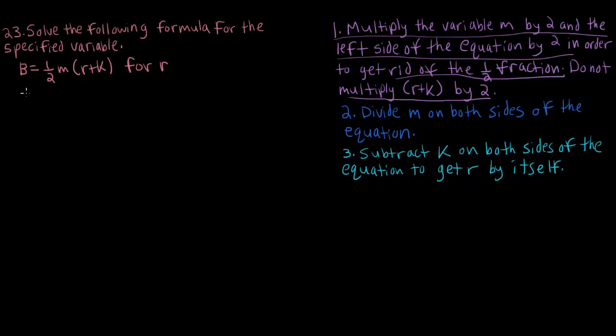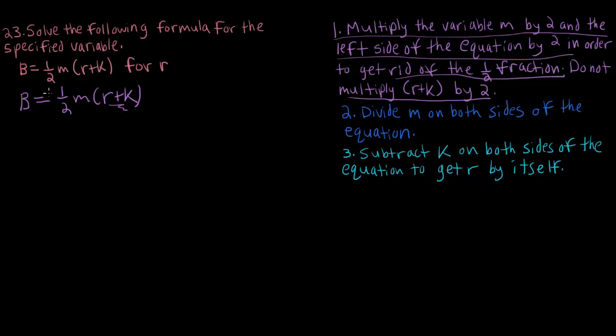So let's take a look at that. Start by rewriting the equation. B equals 1/2 m times r plus k. Now we want to get rid of the fraction, so we don't need to multiply this part.